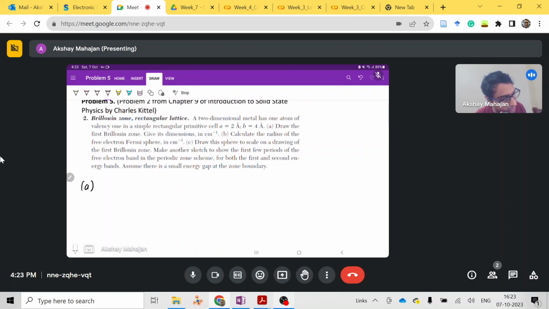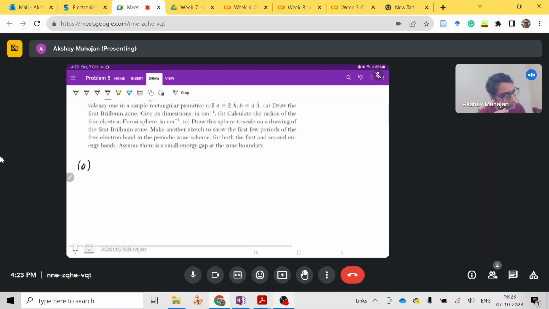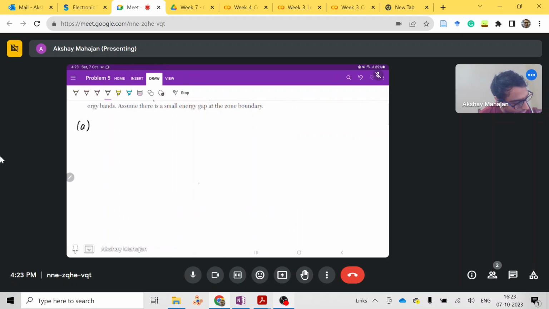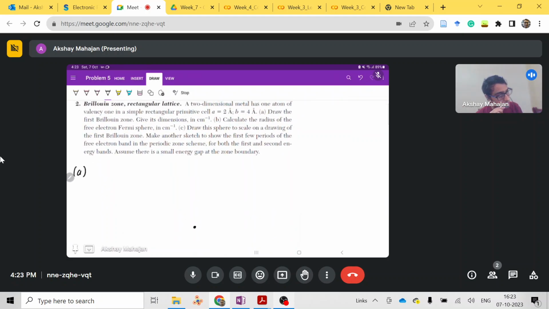First I have to draw the first Brillouin zone. Again it looks like the same rectangular lattice. So I will make my gamma point. Now this distance along a is 2 angstrom and along b it is 4 angstrom.